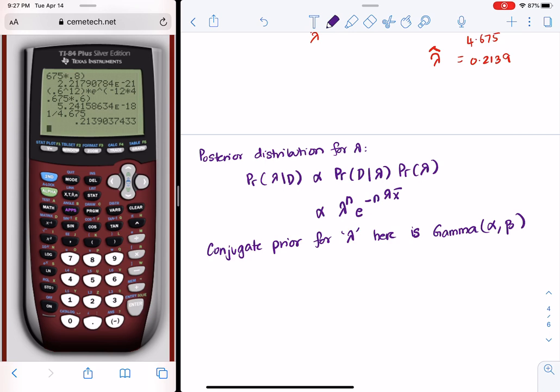the gamma alpha beta distribution. So we would simply have lambda raised to alpha minus 1 multiplied by e raised to negative lambda times beta.